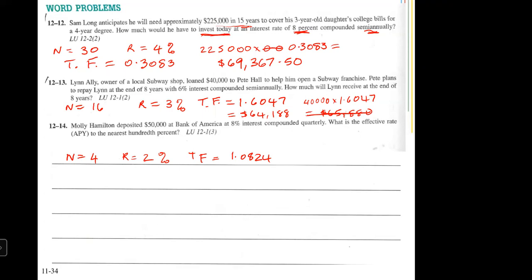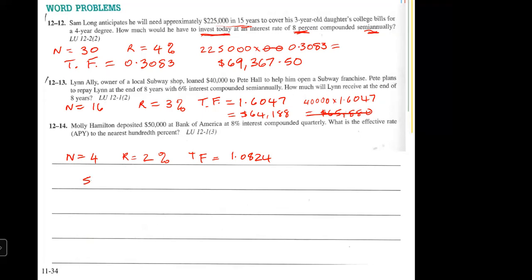Okay. So what are we going to do next? Multiply the table factor by the principal.